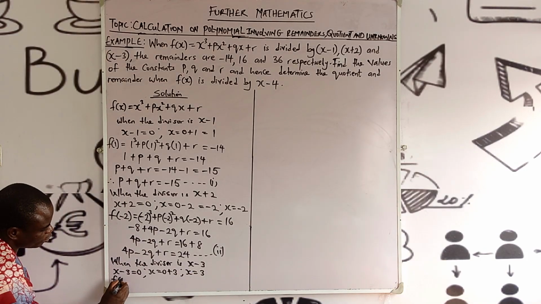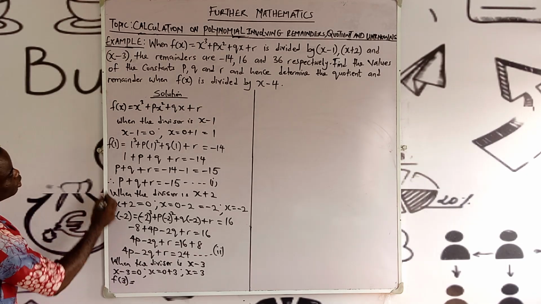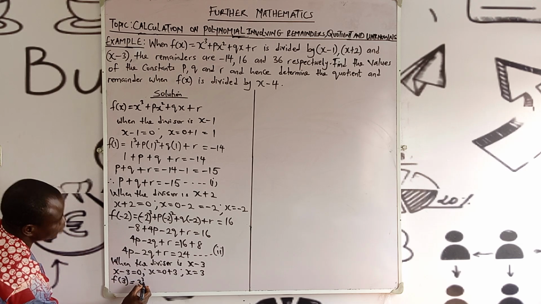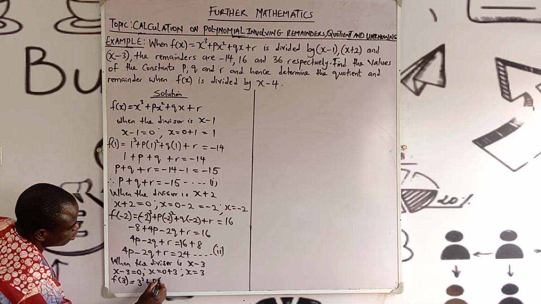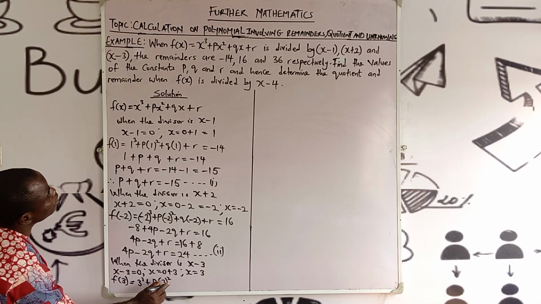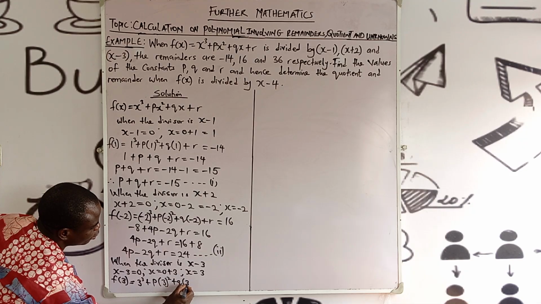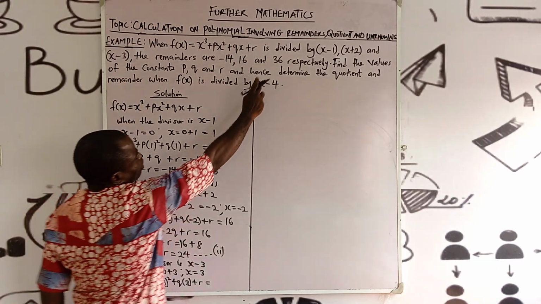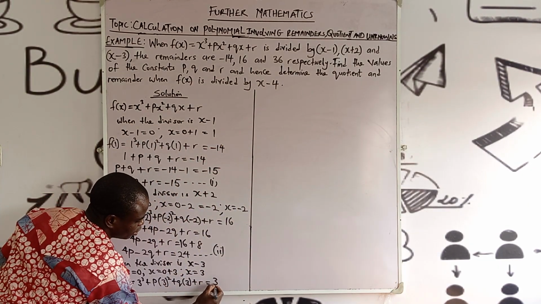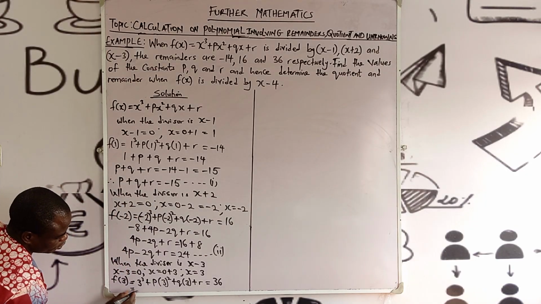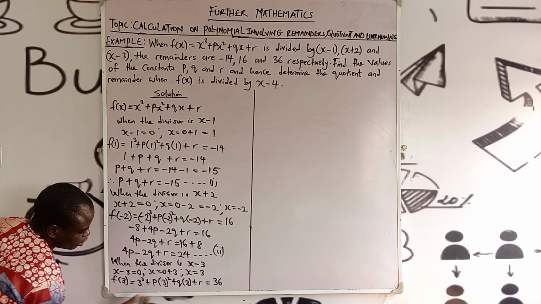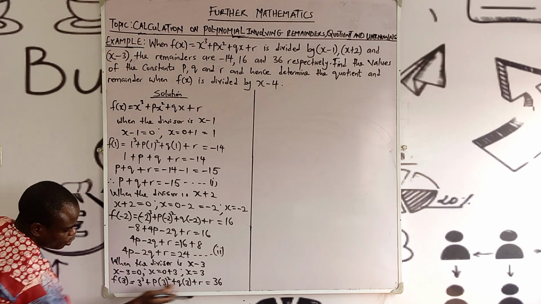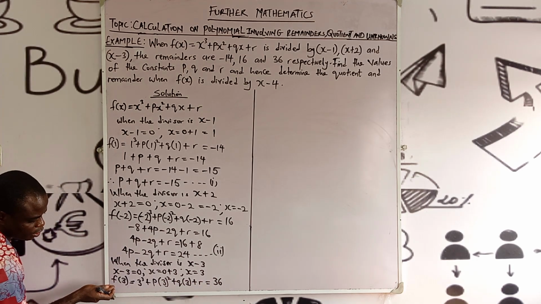When x is 3, we substitute: 3 raised to the power 3 plus p multiplied by 3 squared plus q multiplied by 3 plus r equals the remainder, 36. Forget about the equals signs here; let's concentrate on the last equation. When you equate it to 36, which is the remainder, forget about f of 3.